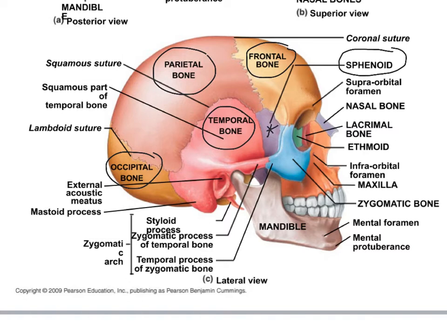And then the last one that we have is the ethmoid bone. You can see the ethmoid bone, this green bone here inside the eye socket, but it also goes up and down and divides your nasal cavities. So it's inside your nose and it separates your nasal cavities. Okay. So then we have 2 parietal bones, 2 temporal bones, 1 frontal bone, 1 occipital bone, 1 sphenoid bone, 1 ethmoid bone. That gives us 8. Right?